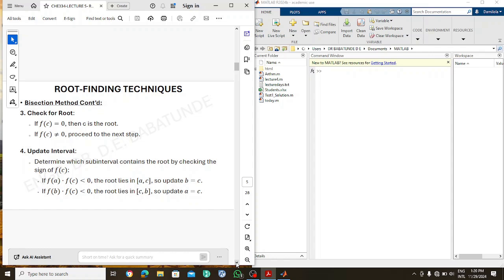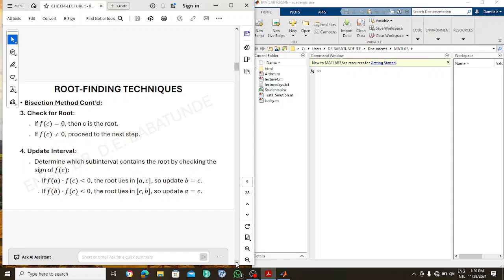If the value is negative, then your root lies between the interval a and c. If it's not negative, you discard that interval. Then you move on to f(b) times f(c). If f(b) times f(c) is negative, then your root lies between b and c.